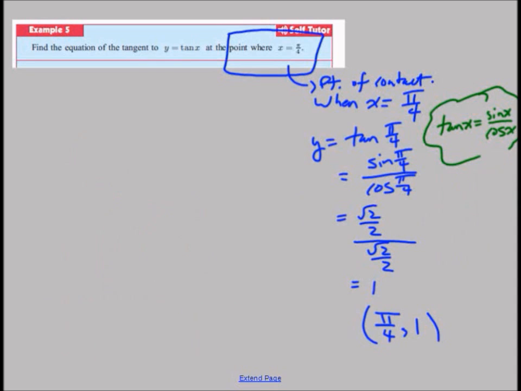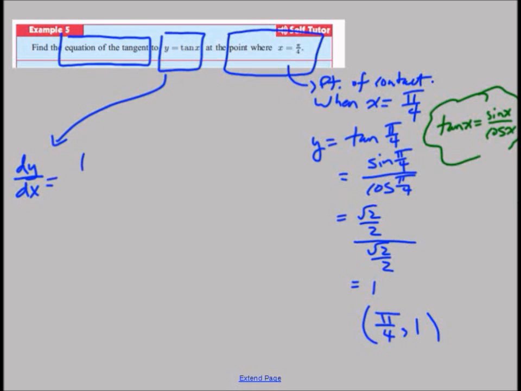All right, we're looking for the equation of the tangent line. Here is our function. So we take the derivative of that function, which we can remember is 1 over cos squared x. Another little aside, just to remind you, cos squared x is actually the same thing as cos x all squared.